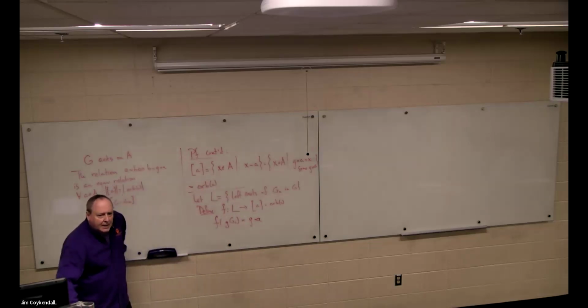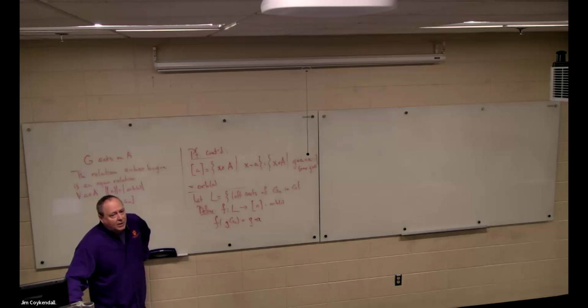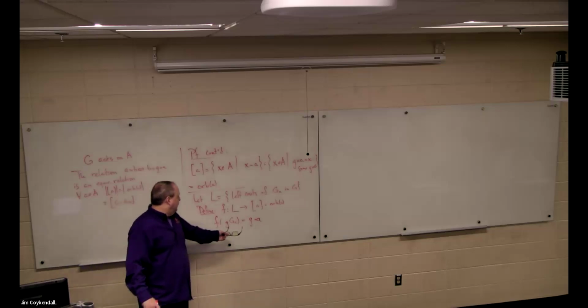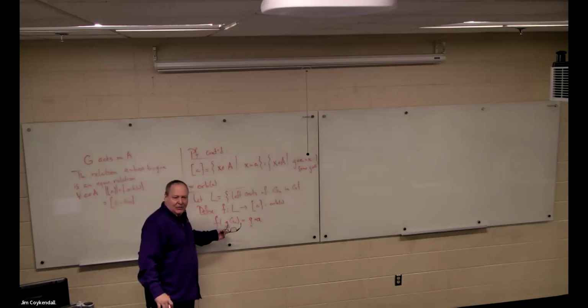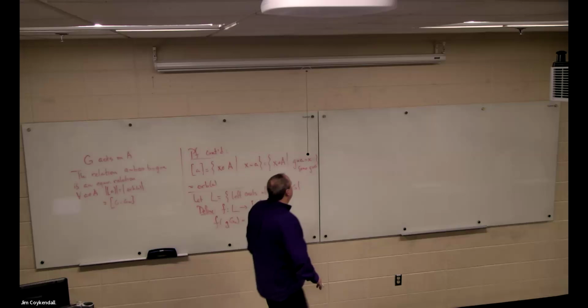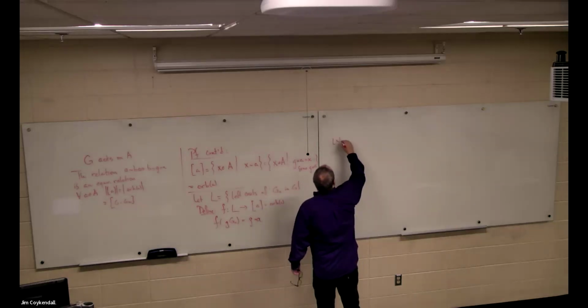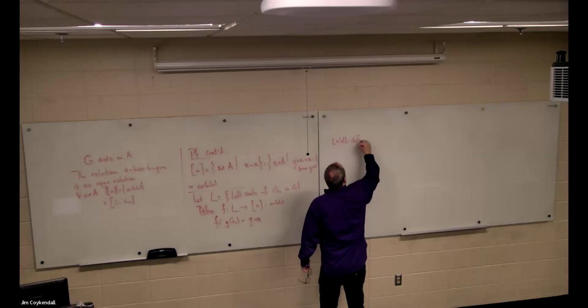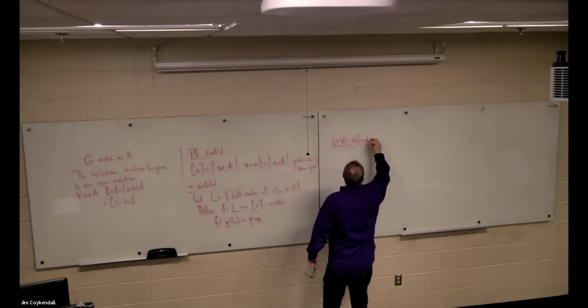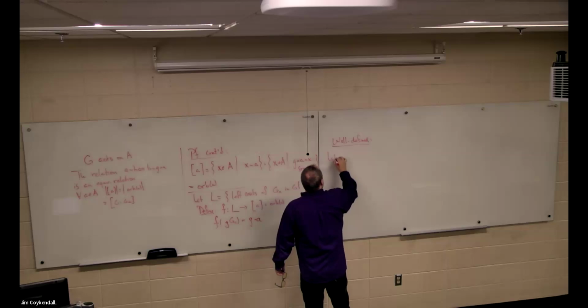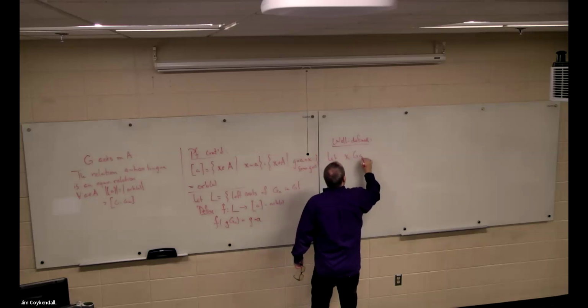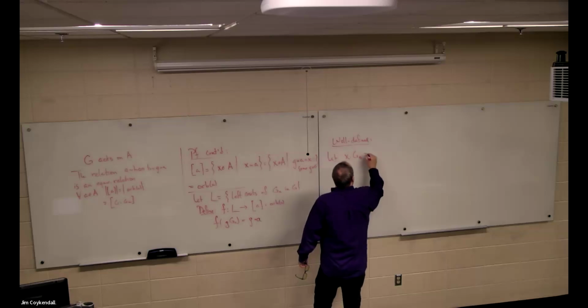Now, what's the first thing that I have to worry about here? Is this or is this not well defined? Because there may be different ways to represent. I mean, I just happen to write this x of A down. There might be different coset representatives. So we need to show that this is a well-defined function. So to that end, let x G_A equal y G_A.